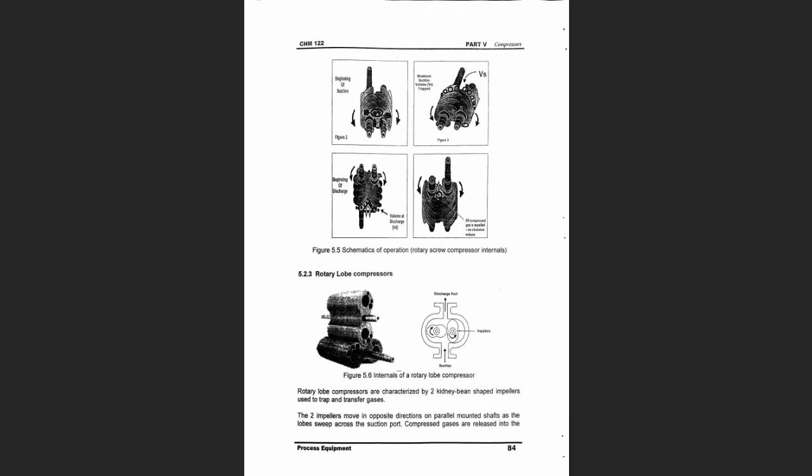Rotary loop compressors are characterized by two kidney bean shaped, it says here, impellers used to trap and transfer gases. So again, guys, we will stick to what we have here in the book.